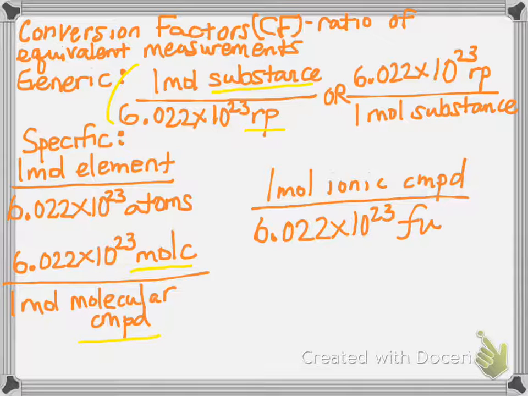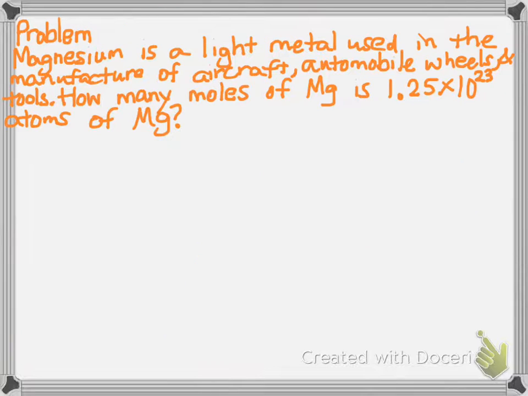So let's see how we use these to solve a problem. Our problem is, magnesium is a light metal used in the manufacture of aircraft, automobile wheels, and tools. How many moles of magnesium is 1.25 times 10 to the 23rd atoms of magnesium? Many times these are going to be story problems, and oftentimes students don't particularly like story problems.